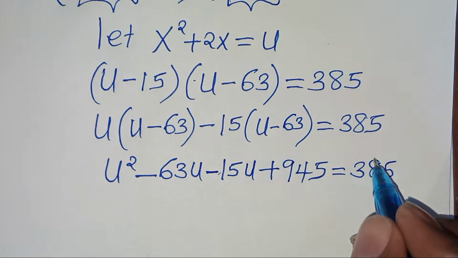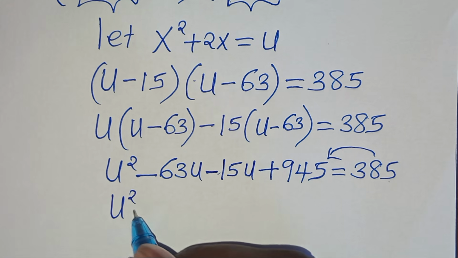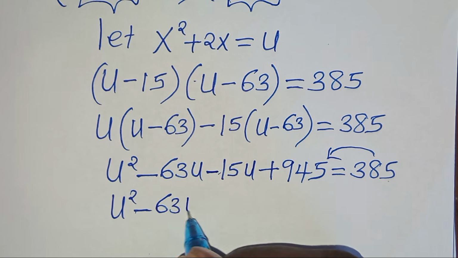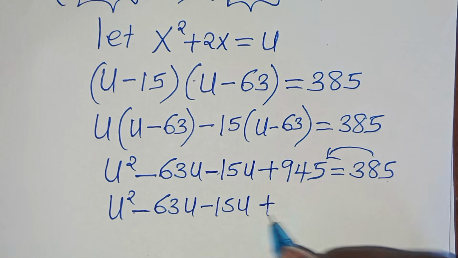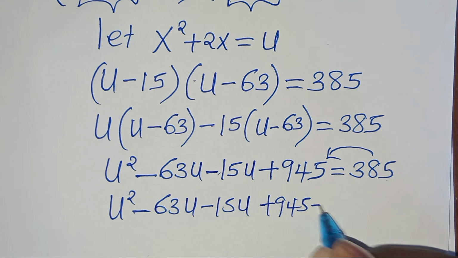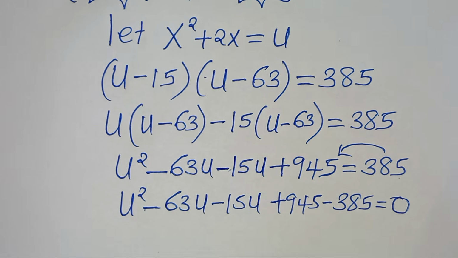Now let's take 385 to the left hand side so that we have u squared minus 63u minus 15u plus 945 minus 385 equal to 0.